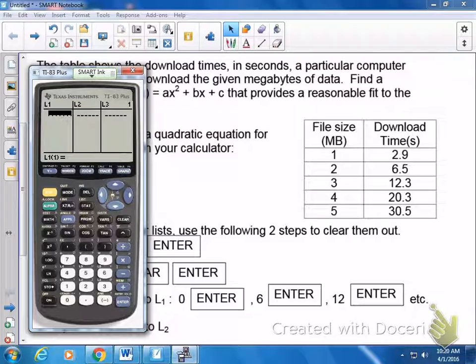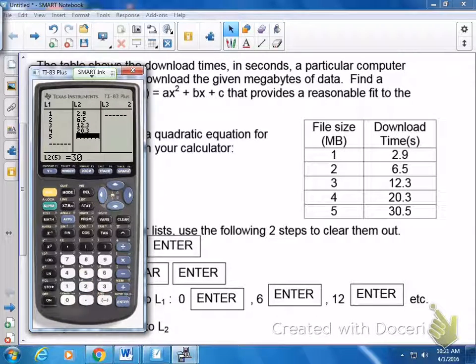So I'm going to enter my x values into L1. So 1, enter, 2, enter, 3, enter, 4, enter, and 5, enter. I'm going to double check because I don't want to mess that up. I'm going to go over to L2 and put in my y values. Be careful with decimals. 2.9, enter. 6.5, enter. 12.3, enter. 20.3, enter.